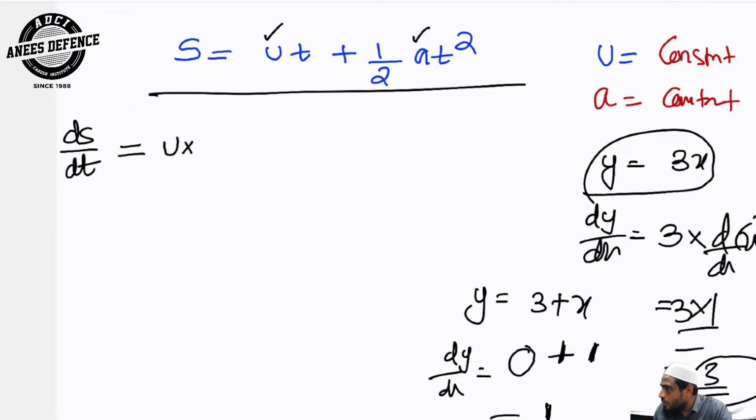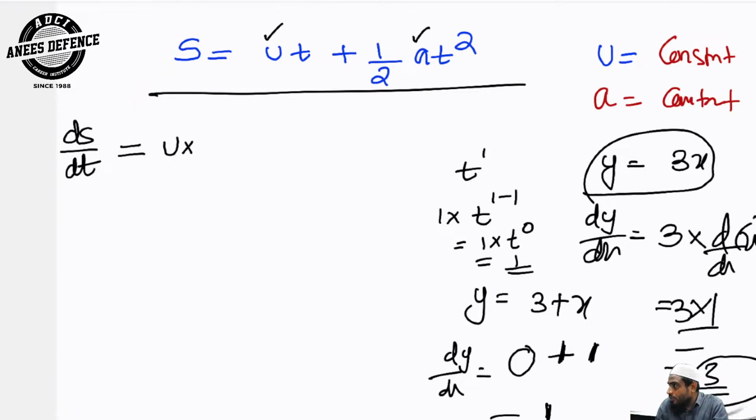So what is the derivative of t? The power of t is 1. So 1 into t raised to 1 minus 1, so 1 into t raised to 0 equals 1. When you calculate the derivative of x you will get 1.